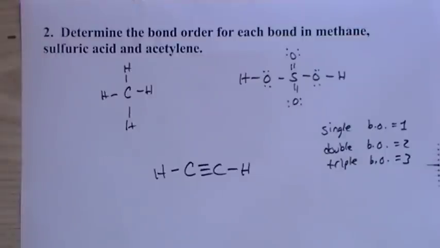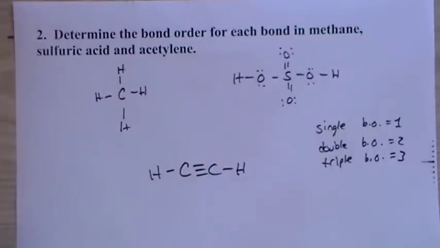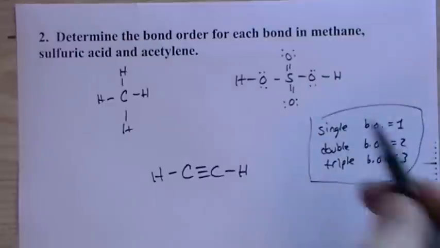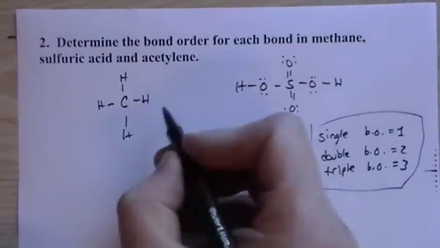So you can actually have a fraction of a bond. It gets very tricky, very complex in the higher levels of chemistry. You'll need to have a bond order because you can't just say you have a single bond. You might have a 1.33 bond, which means there's one electron being shared between 3 atoms. So we're not just doing this to add workload. Bond order is very important, but here it's going to be very simple.